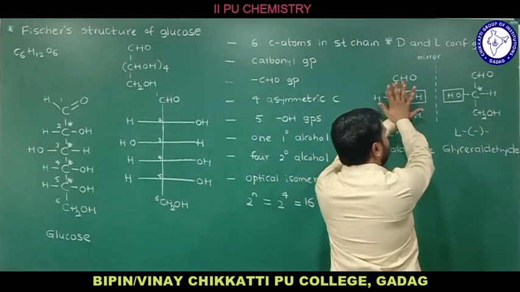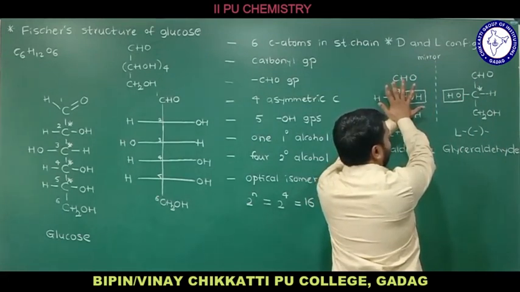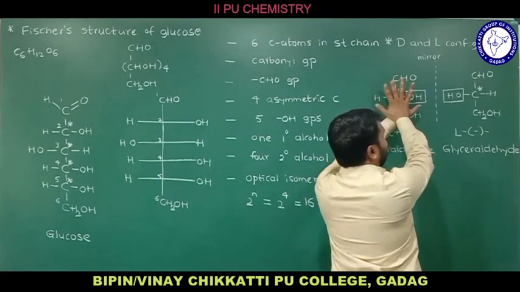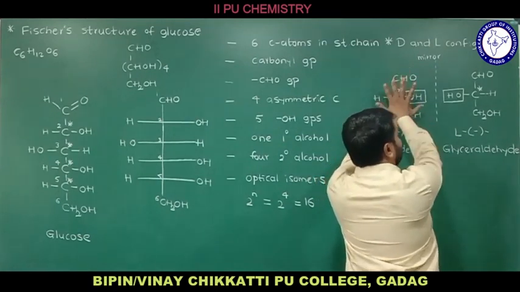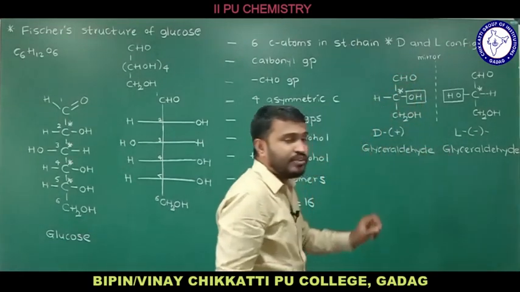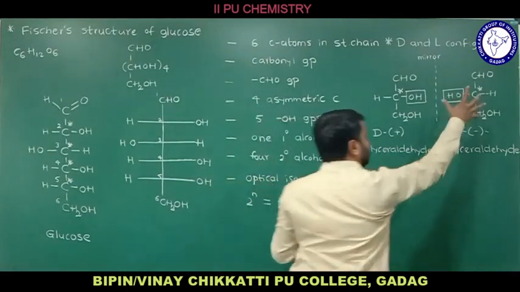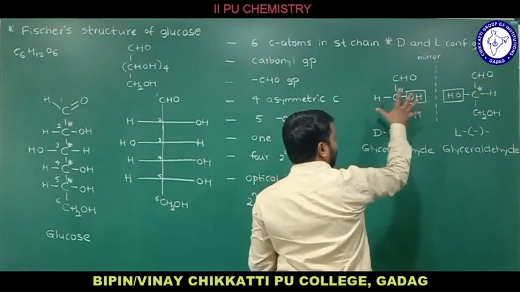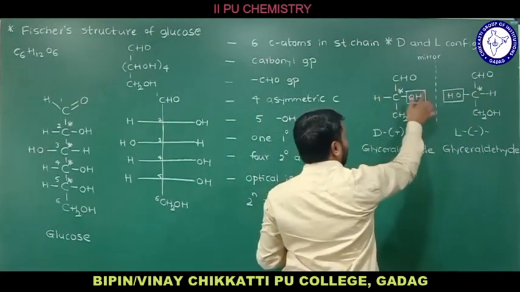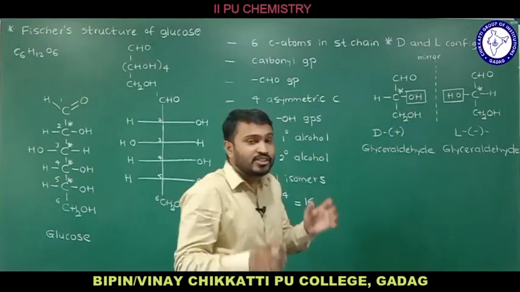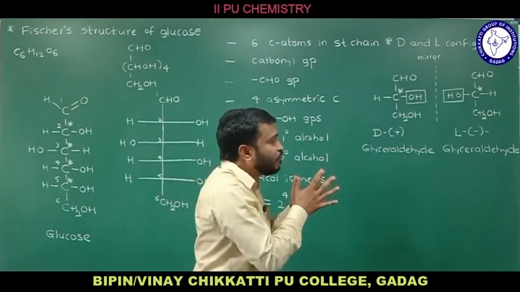The OH of the left one is completely different from the OH of the right one because they are not going to be placed on the same position, isn't it? So that we call non-superimposable. If I remove this and place it over here, OH you are going to get here and H you are going to get here. So that is not superimposable as it is.